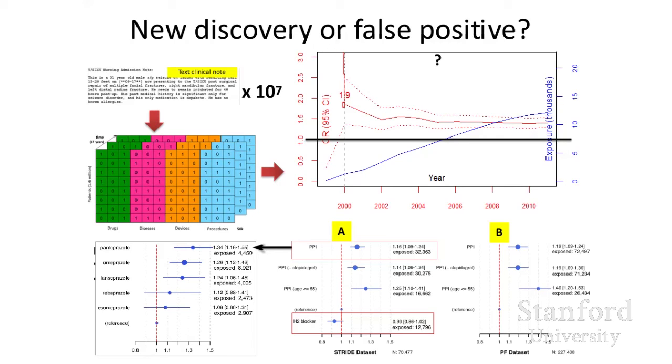And then there's argument about, well, is it actually the proton pump inhibitor that's causing an increased risk of heart attacks, or is it that these people were already at risk of a heart attack, or that these drugs are interacting with clopidogrel in some way? And there are numerous papers arguing what is the true situation here.